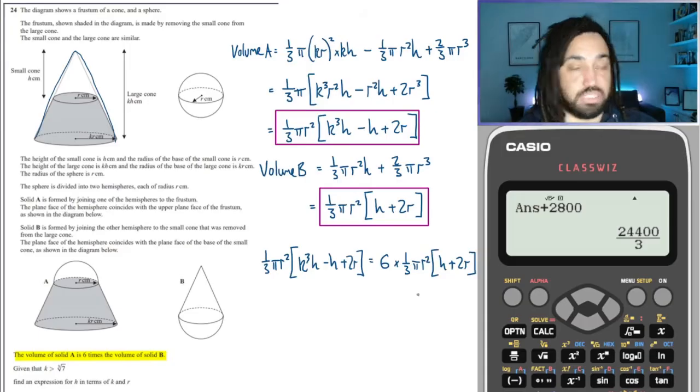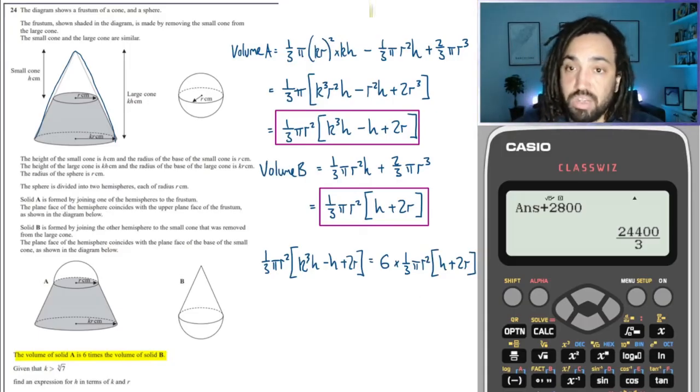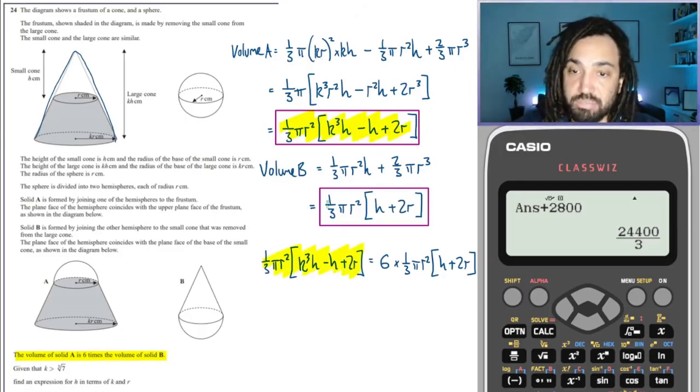Okay, so we've got A, which is this, is 6 times B, which is this.